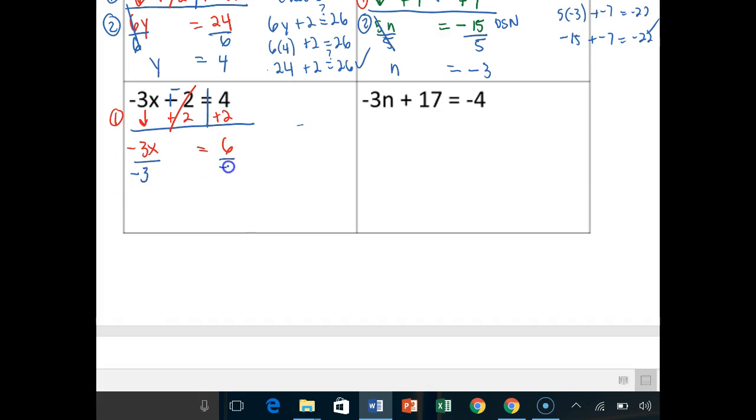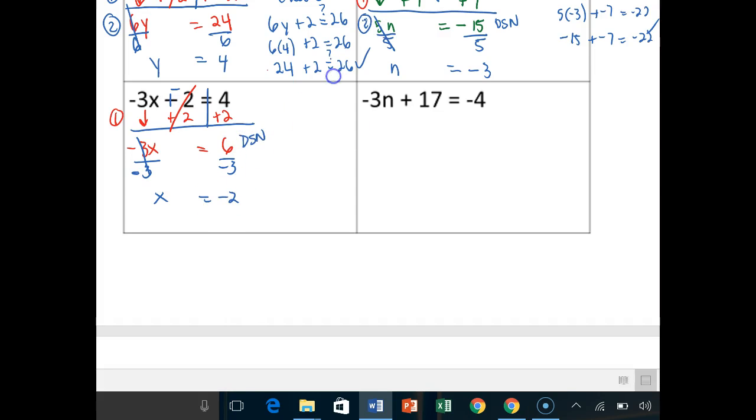So I divide by exactly the coefficient of negative 3. Why? Because I want this to become 1. If I just divided by 3, I would get negative 1, and then I would be left with negative x. I want to solve for what x actually is, not negative x. So dividing by negative 3 gives me that 1, and that cancels out, and x is equal to, this is a DSN, different signs negative, negative 2.